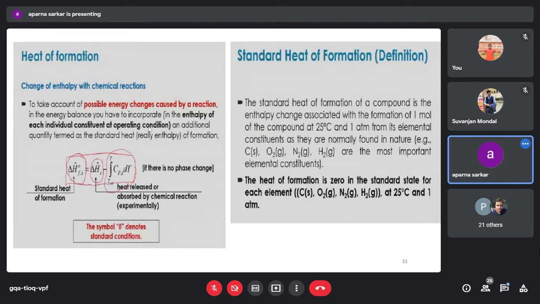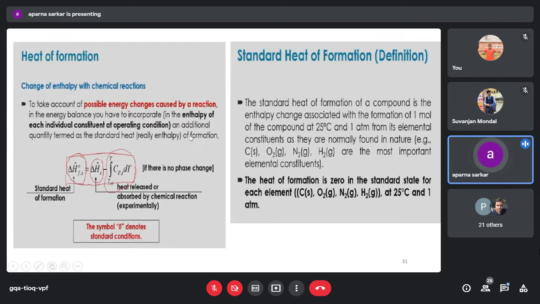Cp dT, where Cp is the specific heat capacity, and this formula we apply when there is no phase change. So to take account of possible energy changes caused by a reaction in the energy balance, you have to incorporate an additional quantity term, the standard heat of formation.